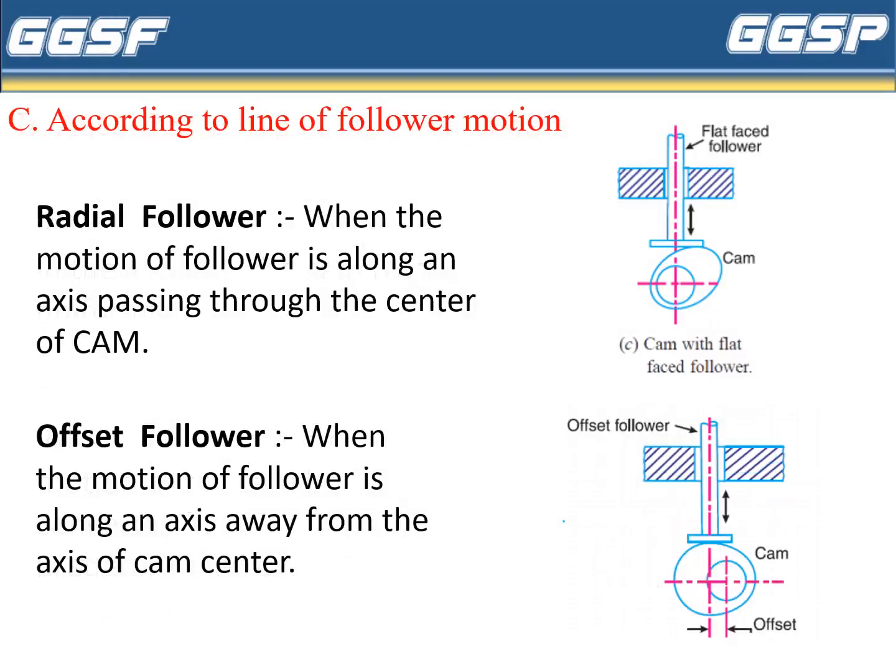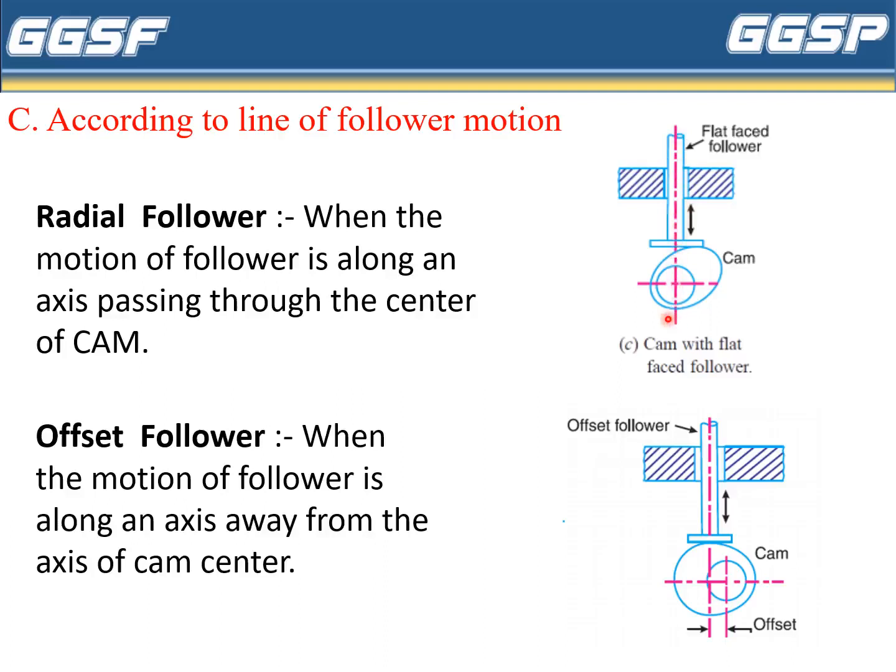Now, according to the line of follower motion, the followers are classified as radial follower and offset follower. Radial follower is one when the motion of follower is along an axis passing through the center of cam. Now, this is the axis of follower and this is the axis of cam. The motion of follower is along this axis which is passing through the center of cam.